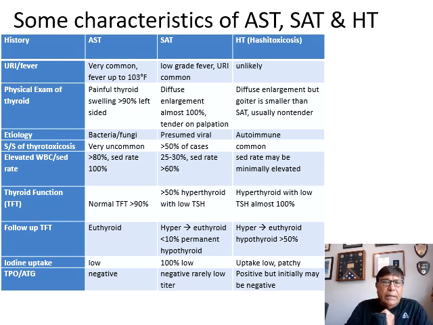We made this slide to see whether we can make a significant, meaningful differentiation of three conditions which may mimic or initially may be confused with each other. So let's look at that.